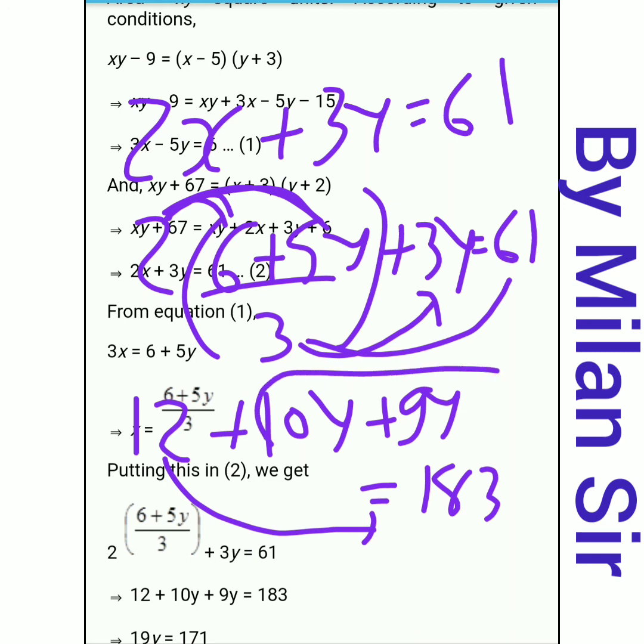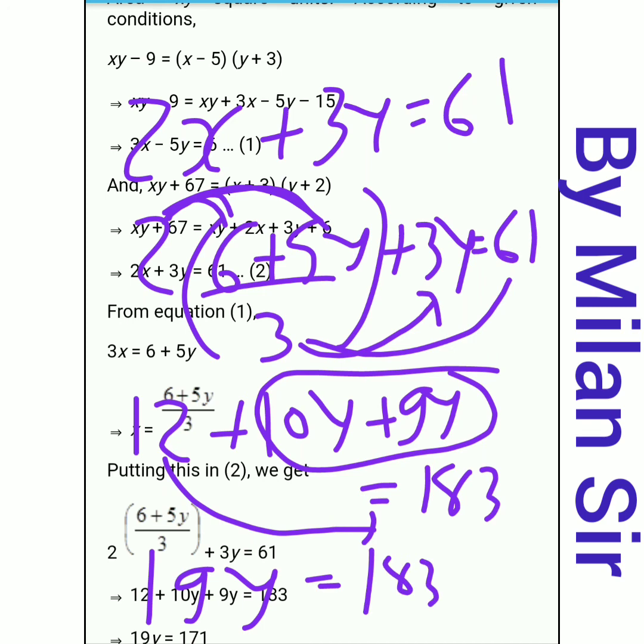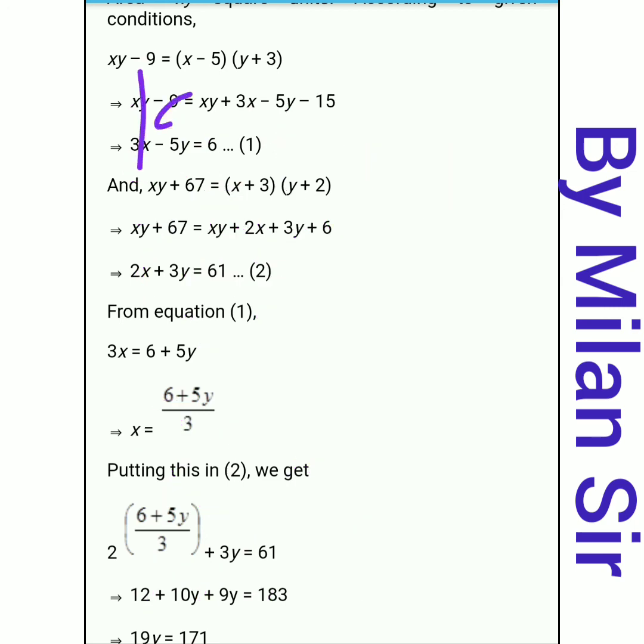So on the left-hand side 10y plus 9y is 19y, and here 183 is already there. Transferring plus 12 to the right-hand side, it becomes minus 12. So 183 minus 12 is 171. So 19y is equal to 171.